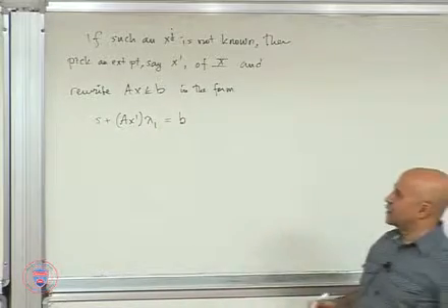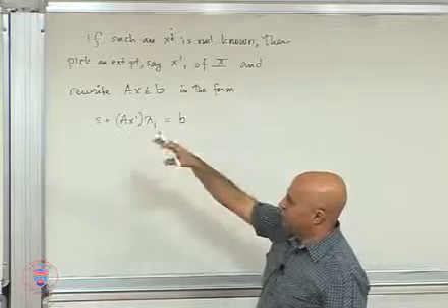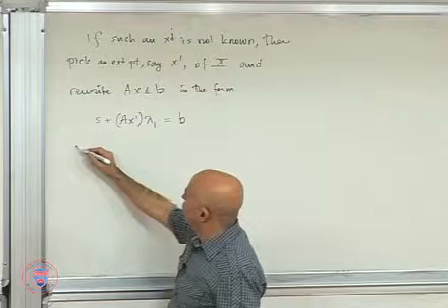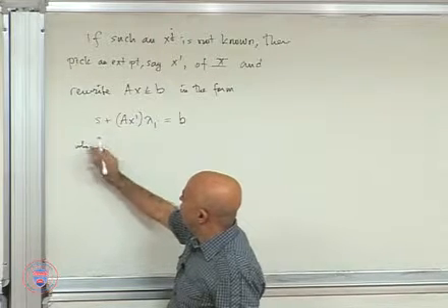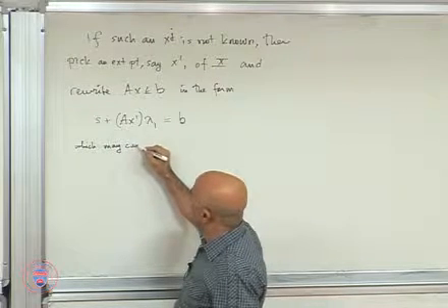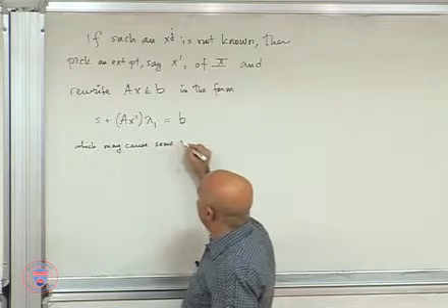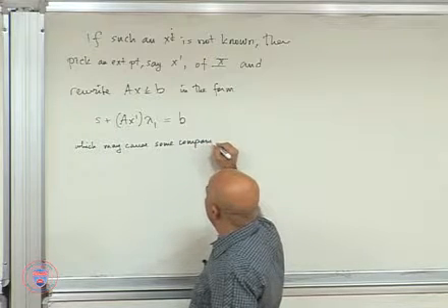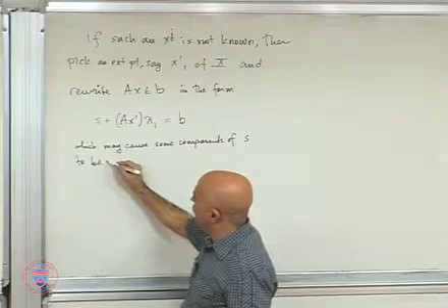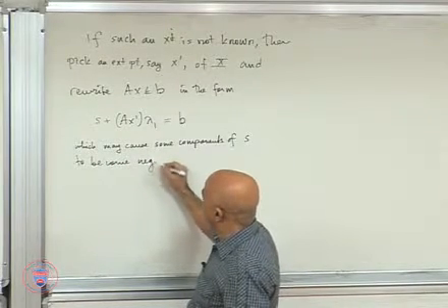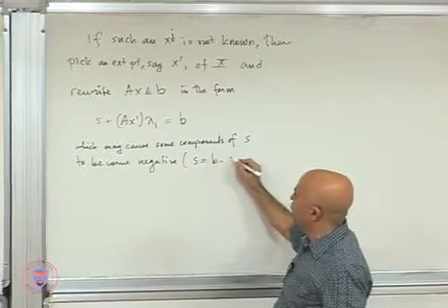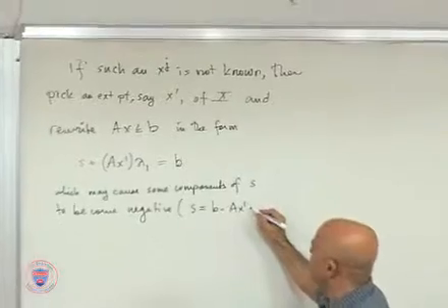So this satisfies the first part of the constraints, which may cause some components of S to become negative, since S is, by definition, B minus AX1 times lambda 1.